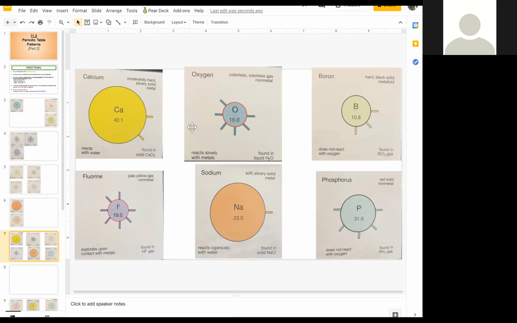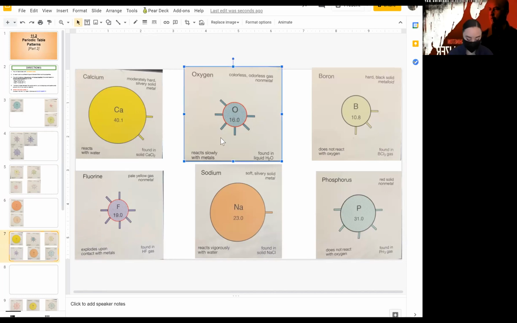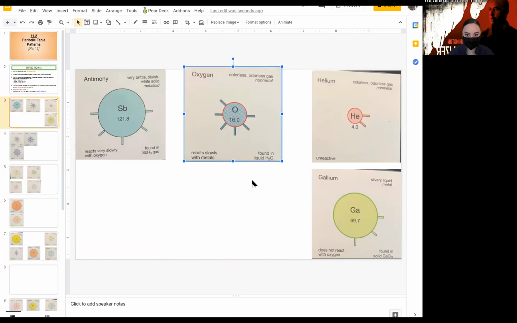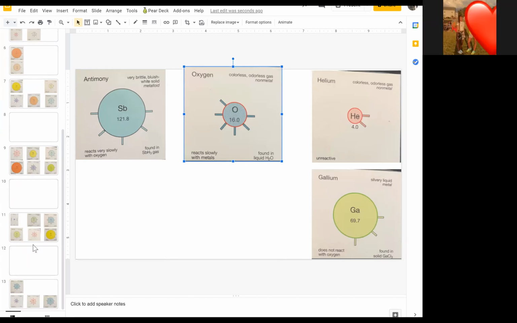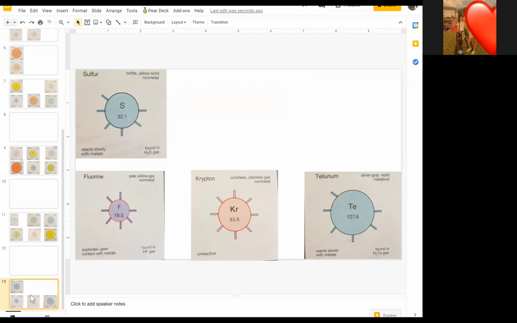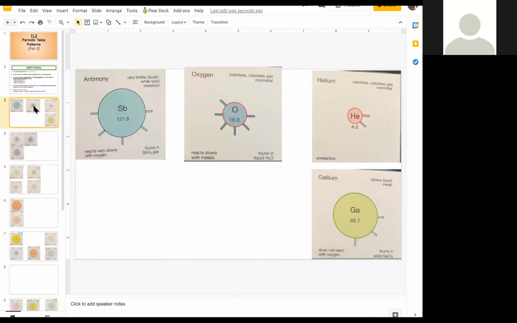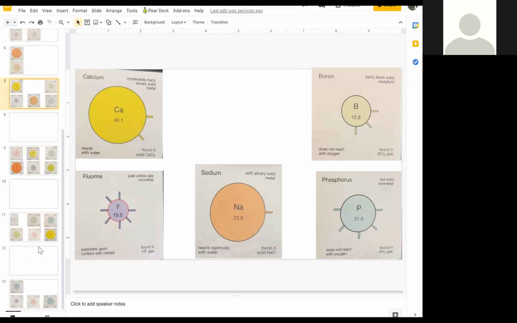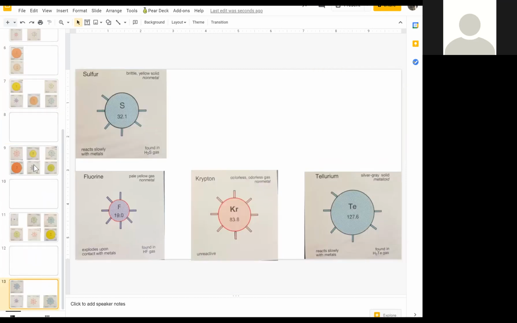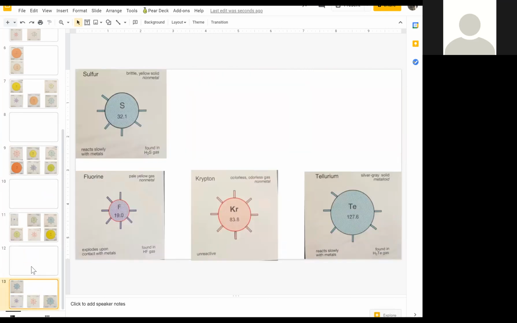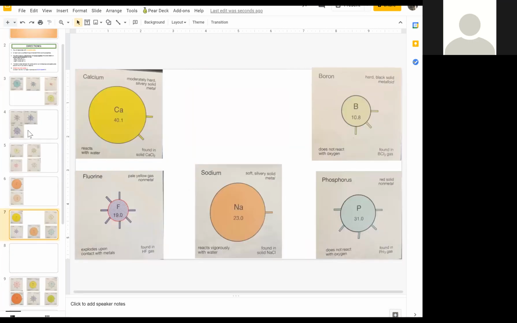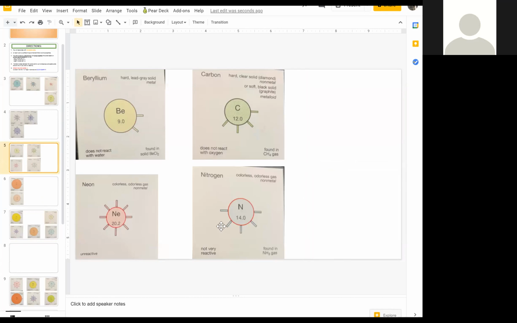Oxygen. Okay, so let's look at this. Is oxygen the same color as antimony? You said nitrogen? Okay.